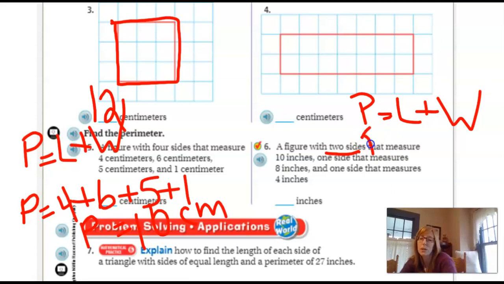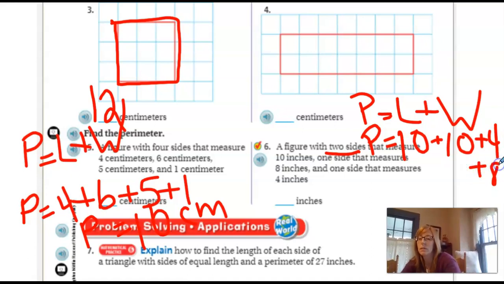All right, so we're going to do perimeter equals, we have 2 sides at 10 inches, then we have one with 8 and one with 4. So please write down your numbers, 10 plus 10 plus 4, and then plus 8. All right, so perimeter equals 10 plus 10 is 20.